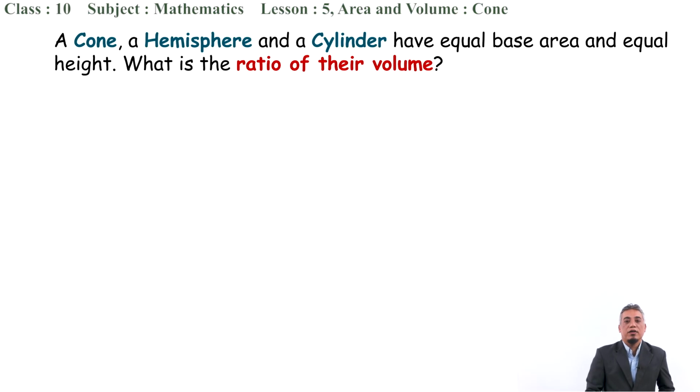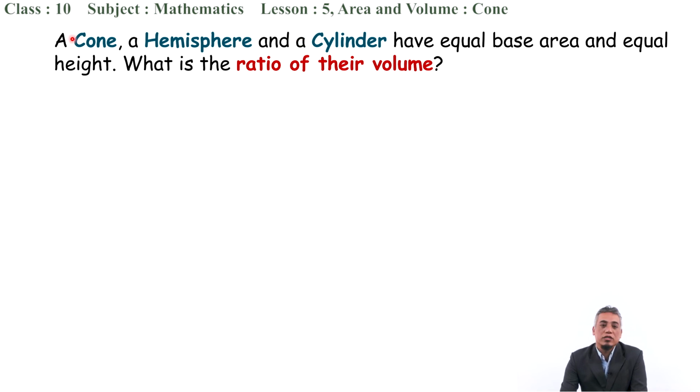So let's move on to another question. This is the relation between a cone, a hemisphere and a cylinder having equal base area. So the question reads as, a cone, a hemisphere and a cylinder. So you know all the shapes.